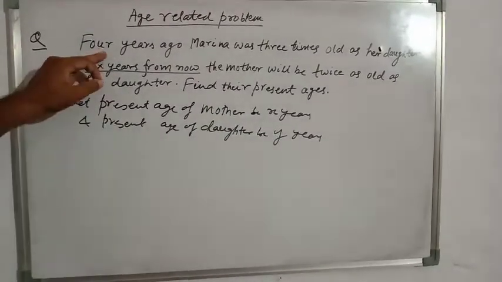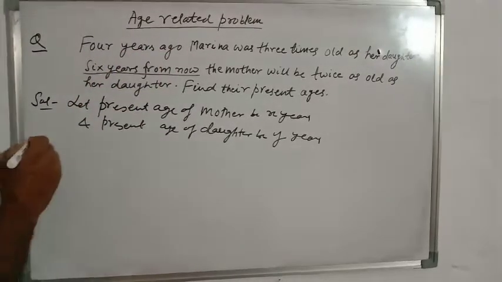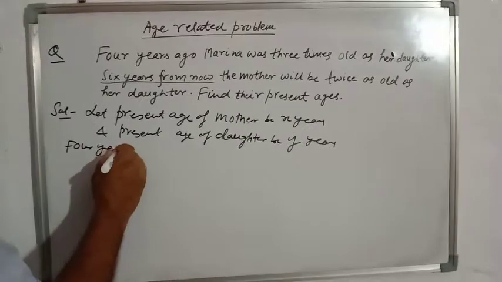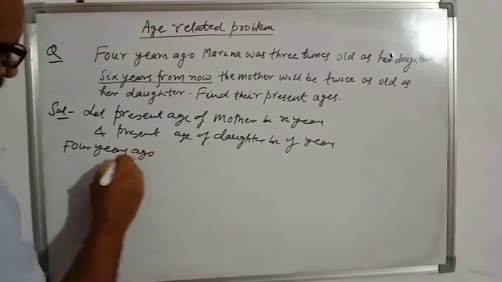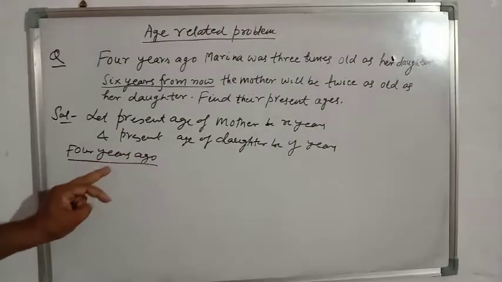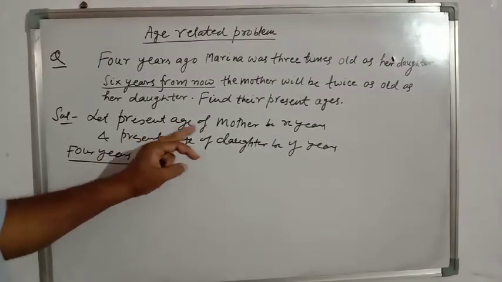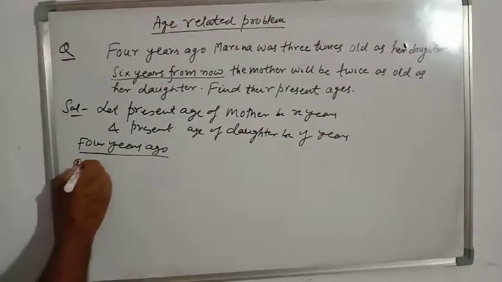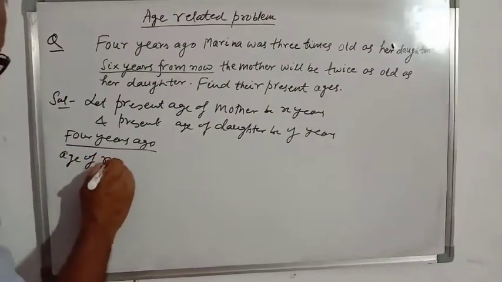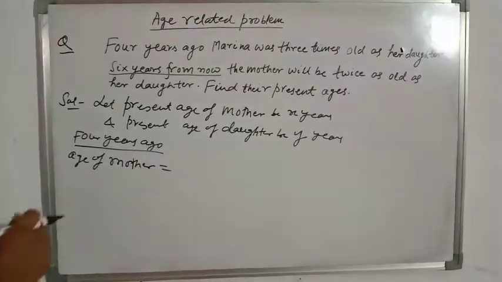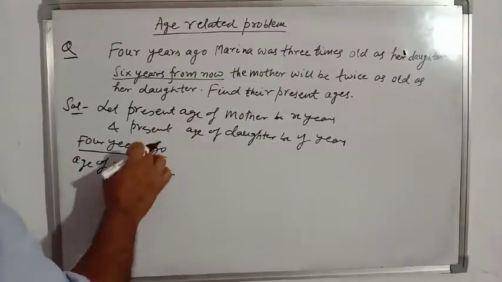So see the statement: 4 years ago. We will write the heading 4 years ago. What was the age 4 years ago of mother and daughter? What was the age of mother 4 years ago?